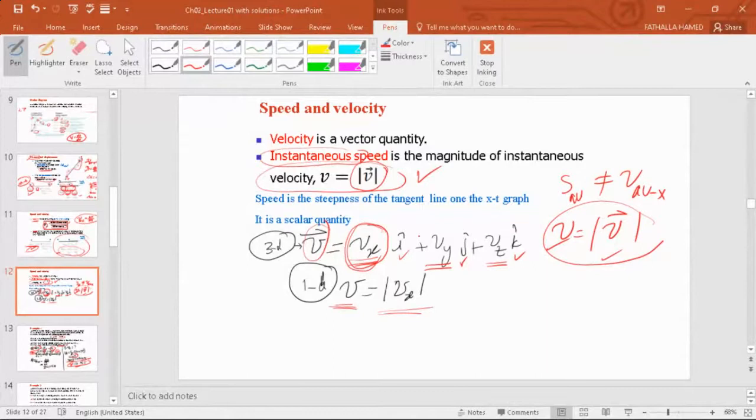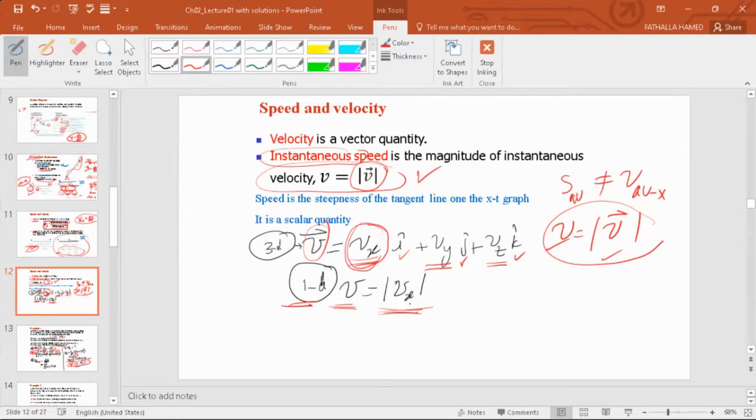And that's why we're not writing the i hat. And that's why we write Vx. So in 1D, the V with no vector sign on the top, meaning speed, will be the absolute value of Vx.